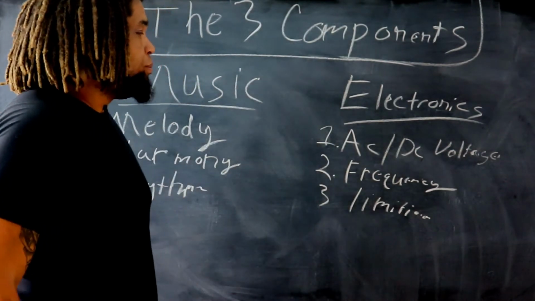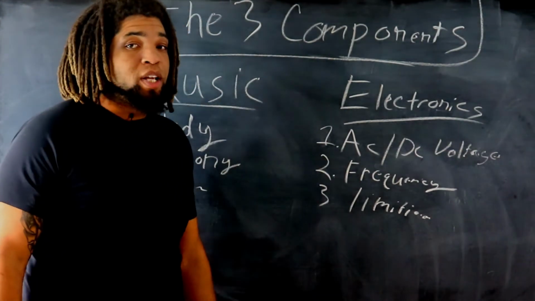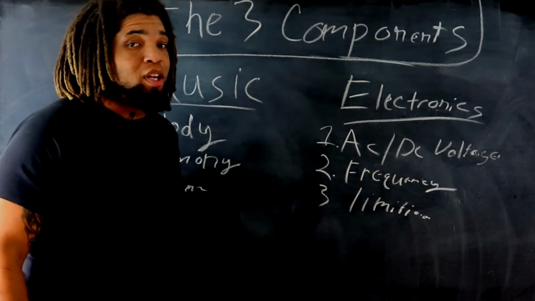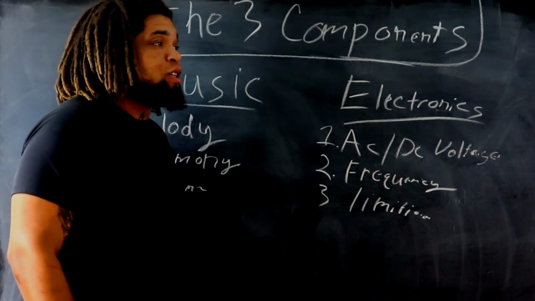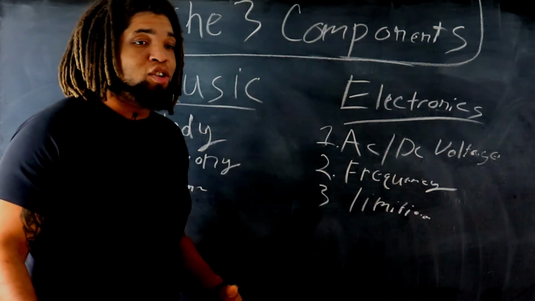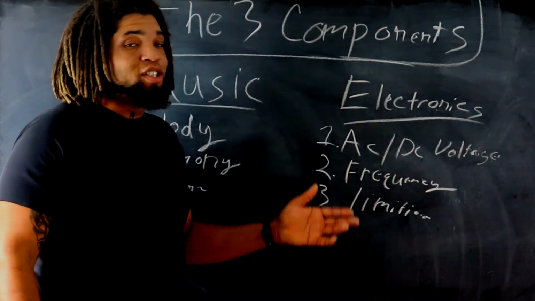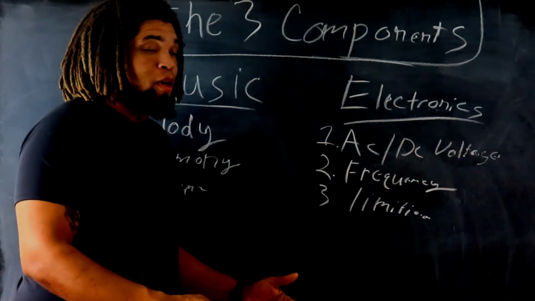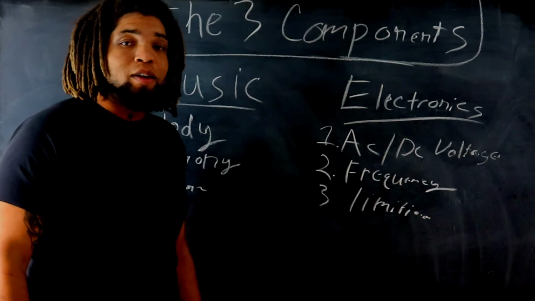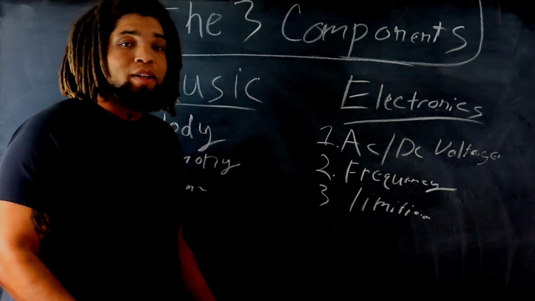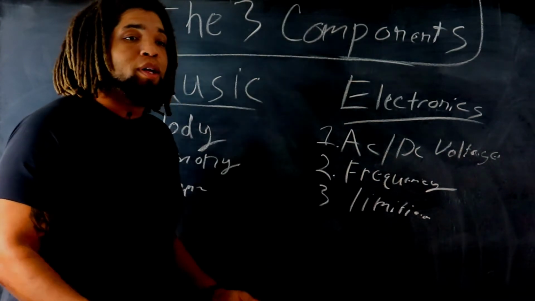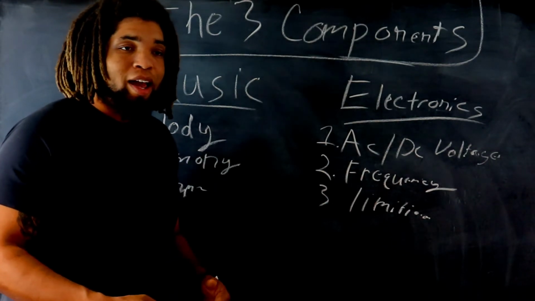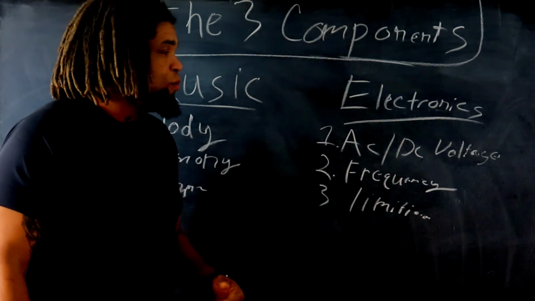Number 1, we always have to be concerned with the voltage in our circuit, not just the voltage that we're using, the voltage that we're trying to convert or manage, but also the voltages that we want to get out of a certain circuit. Let's say if we want an op amp to run at a certain amount of volts at the input or the output, and we want the next stage of that circuit to run at another specific voltage.